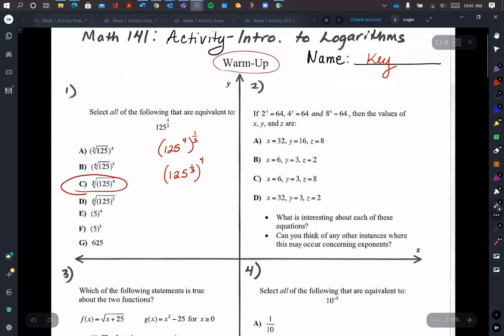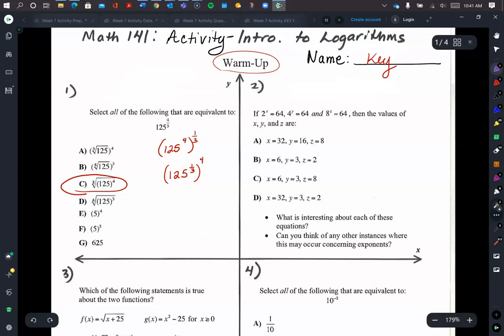Okay, now the next one over here, number 2, we have if 2 to the x equals 64, 4 to the y equals 64, and 8 to the z equals 64, then the values of x, y, and z are, so you're just going to choose from one of these. So you have to play around with those and figure out what they are, and then choose the right letter.